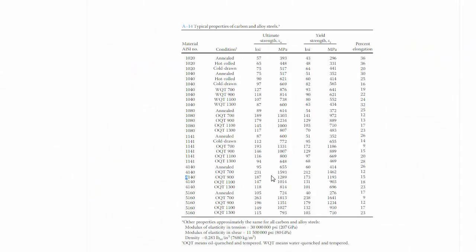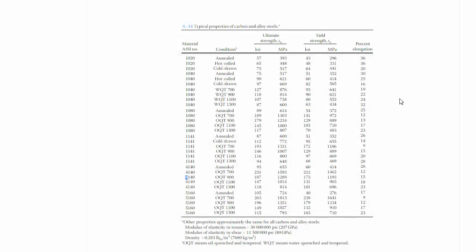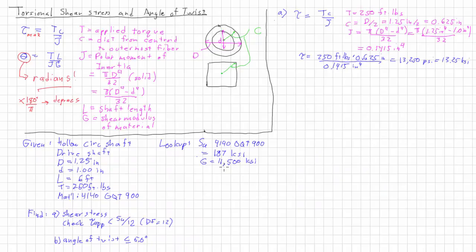Well, if you'll notice on that line, it's not there. This confuses some students, but if you simply read the entire chart, you'll find that it says other properties approximately the same for all carbon and alloy steels. So the modulus of elasticity in tension, that's E, is 30 million psi, and the modulus of elasticity in shear is 11.5 million psi. So I wrote it down here as 11,500 ksi. Probably write it in here as 11,500,000 psi. But we'll get to that in part B.